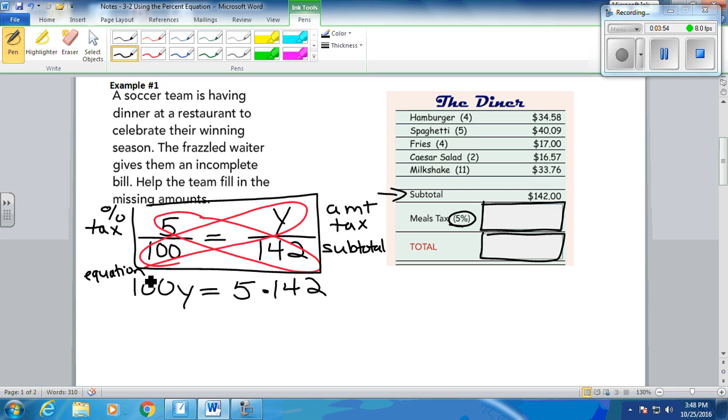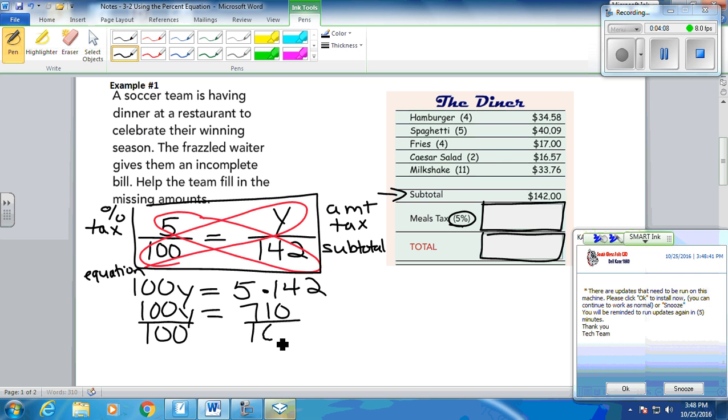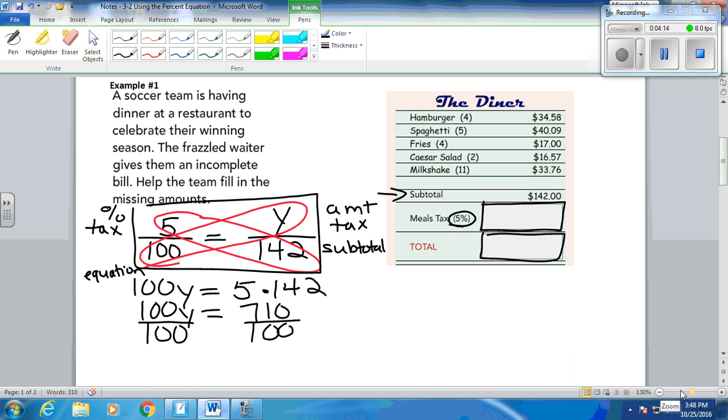The first thing is to simplify the equation, and it's asking me to multiply on the right-hand side. So 5 times 142 will give me 710. Then I need to isolate the variable by dividing by the coefficient that's in front of the variable, and I will get $7.10.